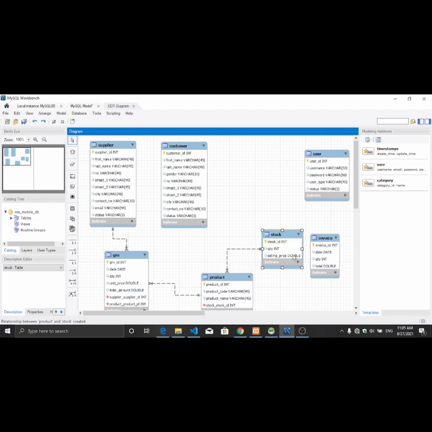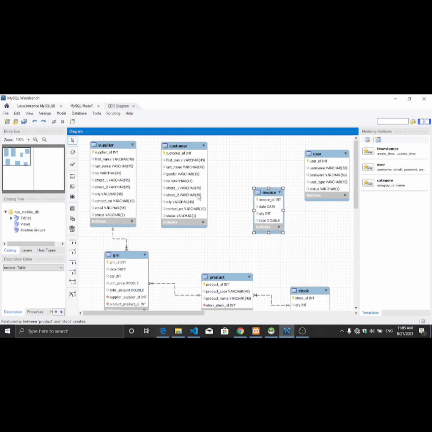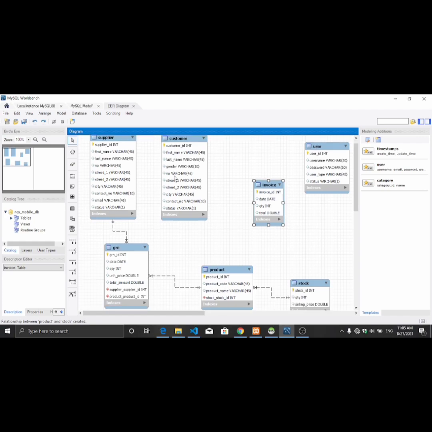Here, a customer can buy many products, and also one product can be bought by many customers. So it's a many-to-many relationship. But in a relational database, many-to-many relationships are not allowed, so it becomes one-to-many relationships.